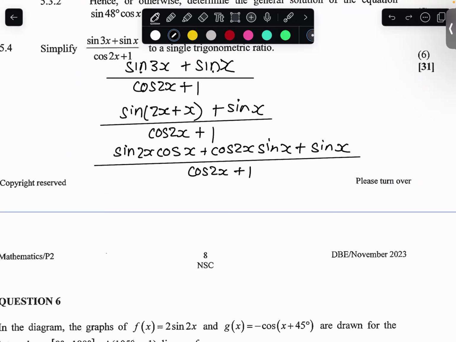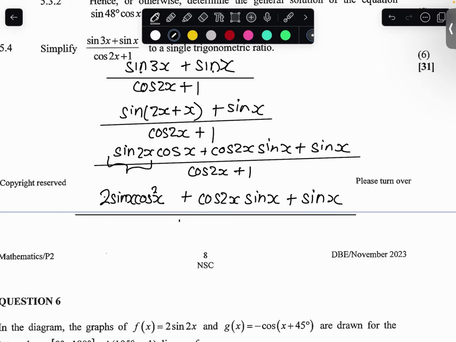So this part gives me 2 sine x cos x, right? And then I'm going to bring down this cos x, which I can then write as cos squared x. So I'm going to write this as 2 sine x cos squared x plus cos 2x sine x plus sine x, all over cos 2x plus 1.